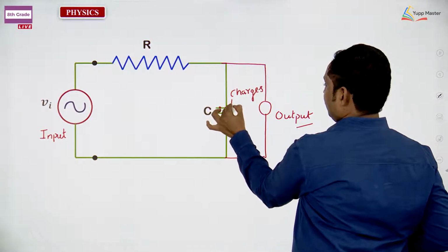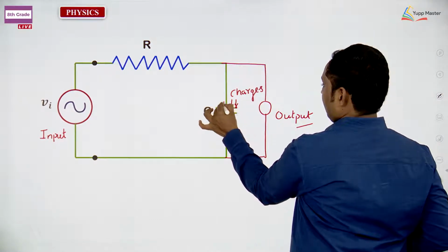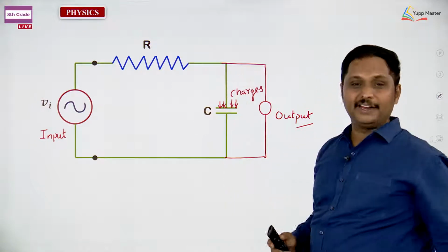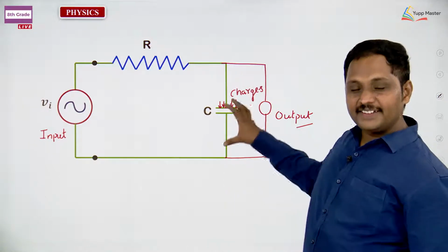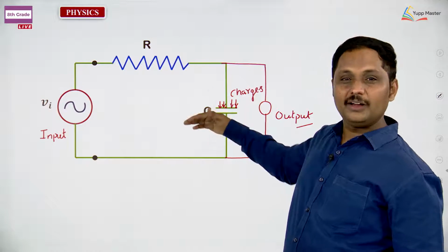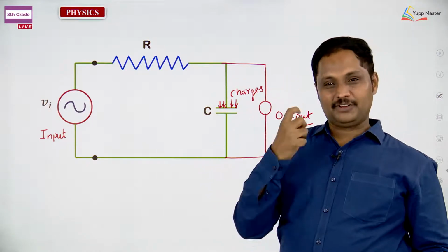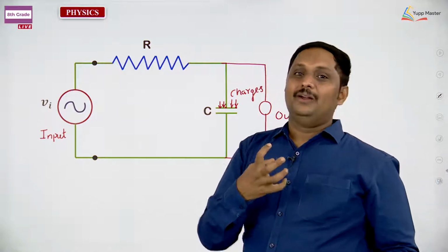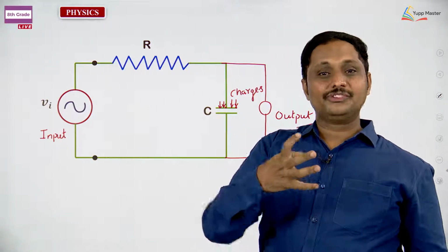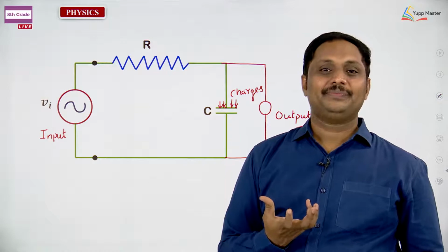It is very clear. So the charges are deposited on one plate of the capacitor. A capacitor is one device which stores the charges.